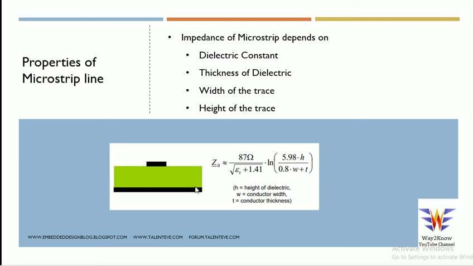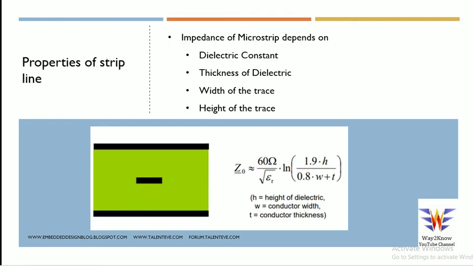All these determine the characteristic impedance of this particular microstrip line that we are seeing here. So this is the formula that is used. You can see here, H is the height of the dielectric, and then conductor width. Conductor is nothing but the microstrip line which we have routed on the top, and then conductor thickness. Again, it's a design requirement where you vary the thickness of the conductor. So this is about the microstrip line.